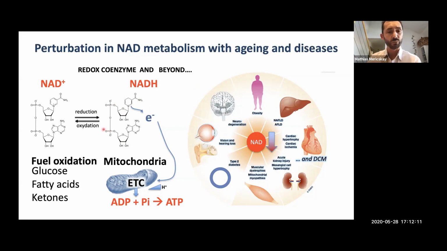And actually, we heard about that recently from Christoph Mark in one of these webinar series, nicely illustrating how it was affected. And the work of Rongqian has shown also how this can be affected in various contexts of heart failure. But there are also observations where it's actually the total pool of NAD which is reduced in a number of disease contexts, notably in heart disease and in DCM, as I'm going to show you.